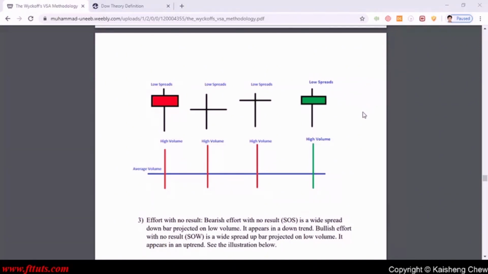If coming from a weak one, there's nothing much, but we need the strong one at the top, then the strong one at the bottom forming at high volume, so that they will have a reversal signal from there. This is the same thing as well.